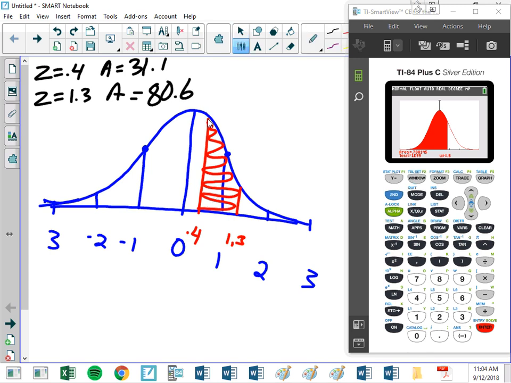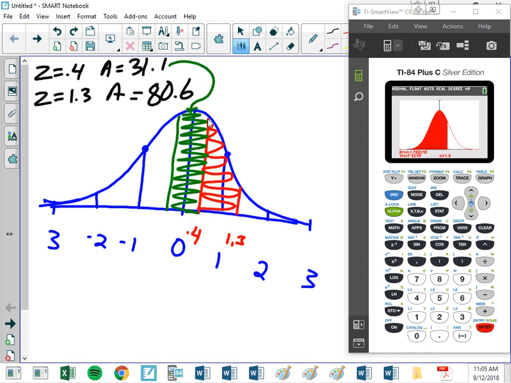Now, this problem's actually kind of complicated. How do we do this? Okay, so Dax is saying, let's do this in green. Here is my 0.4 area, right there.